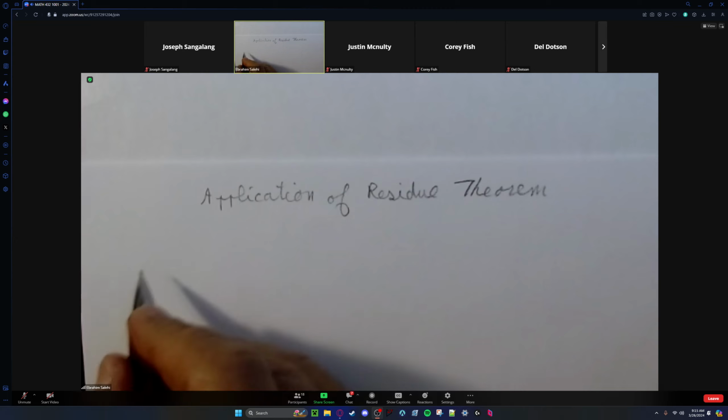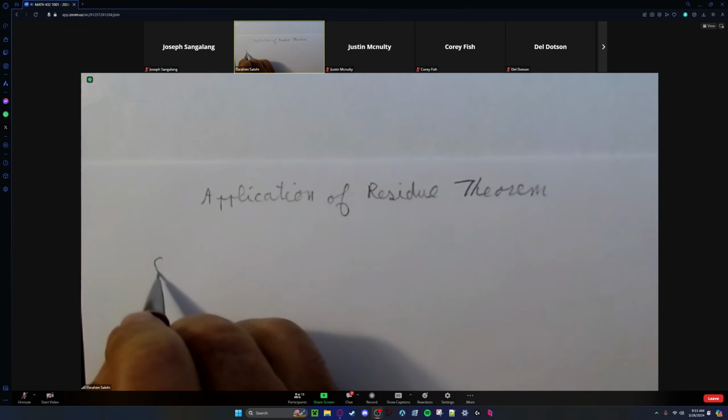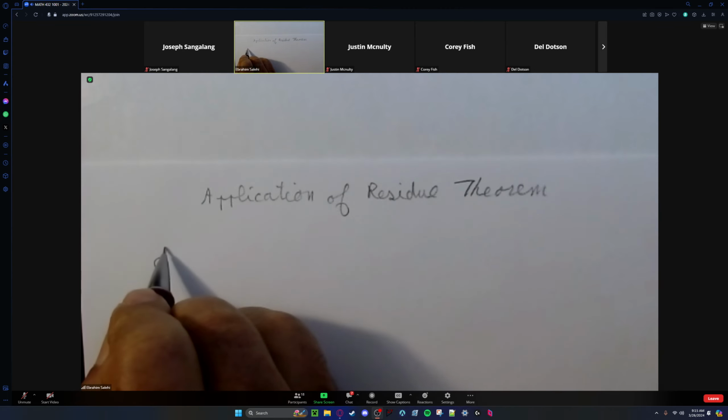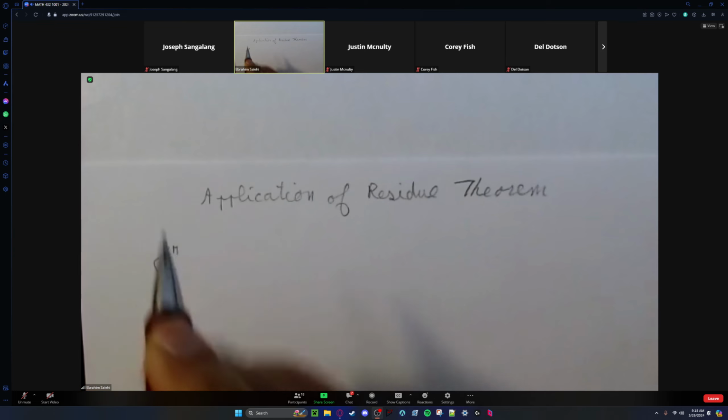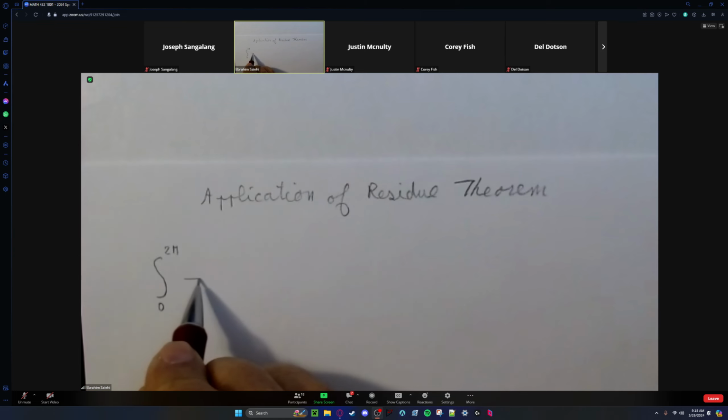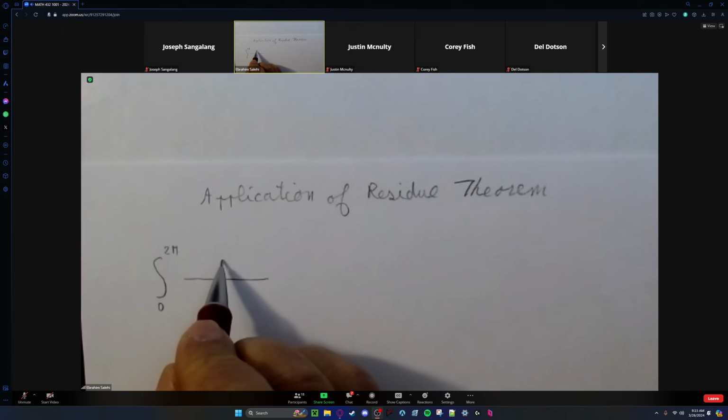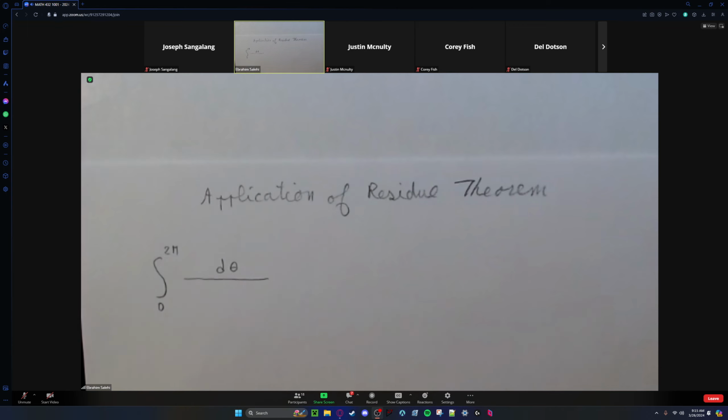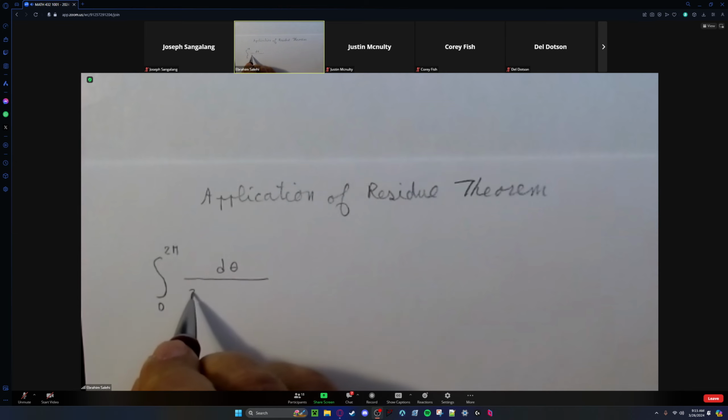here is, look at this integral, 0 to 2 pi, d theta divided by 3 minus sine theta.